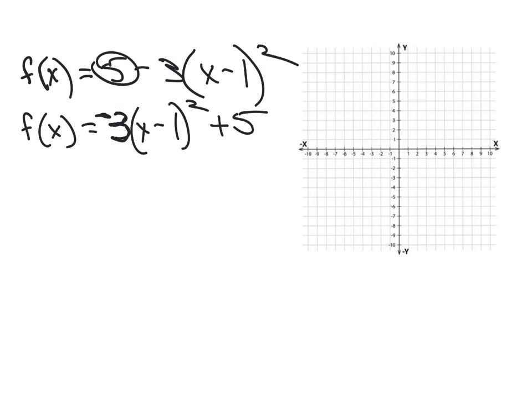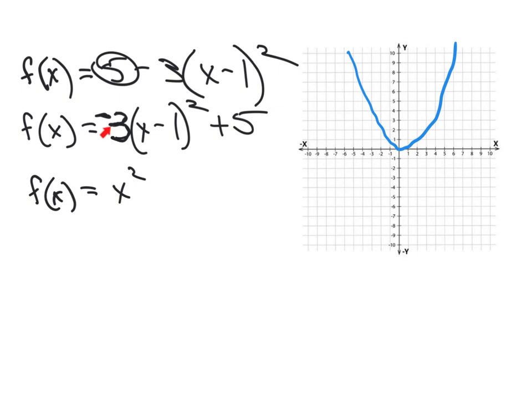So let's see what we've got here. So our original problem, in our blue, is x squared. So whatever our variable is and whatever exponent they give us, it's going to go through the origin there. Okay, so what's going to happen here? First of all, there is a vertical expansion by 3.